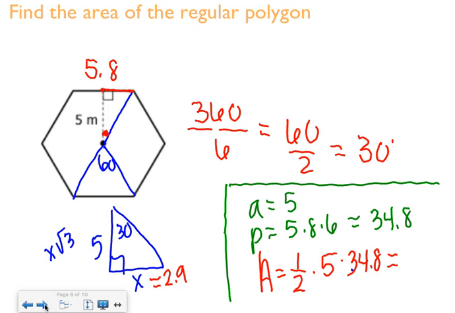Approximately 87. It's not that you guys can't do it, there's just a lot of steps to get to the answer. So those that don't show a lot of work, this is a time when you probably want to be organized about your work. Otherwise you're going to get lost.